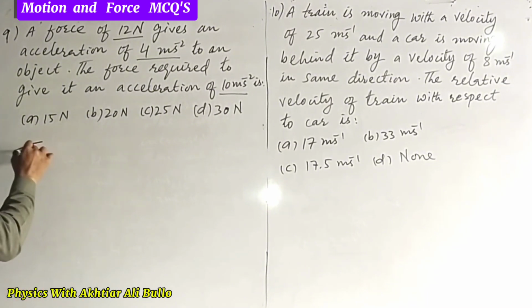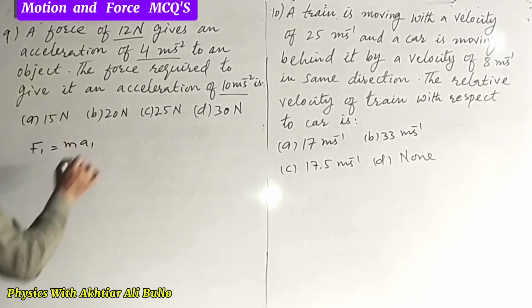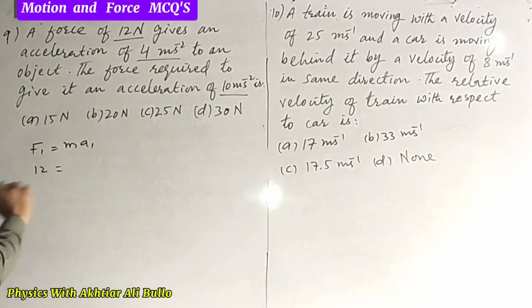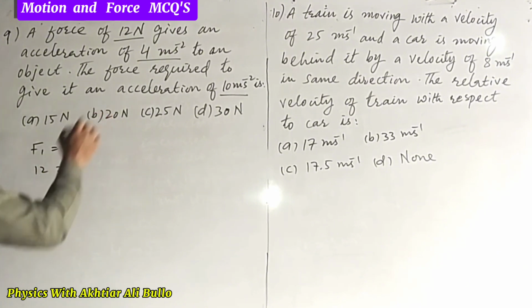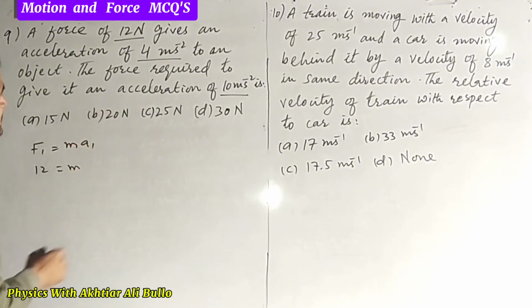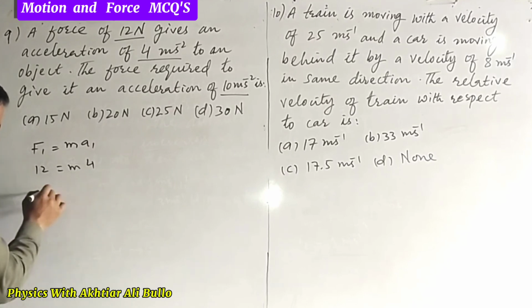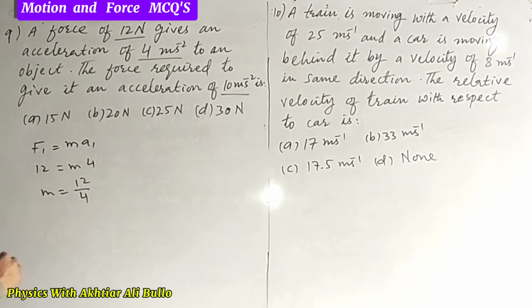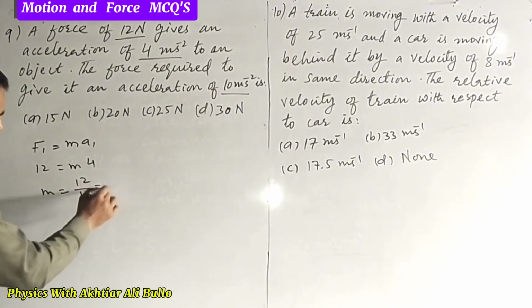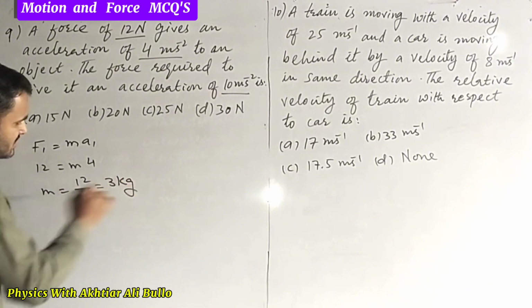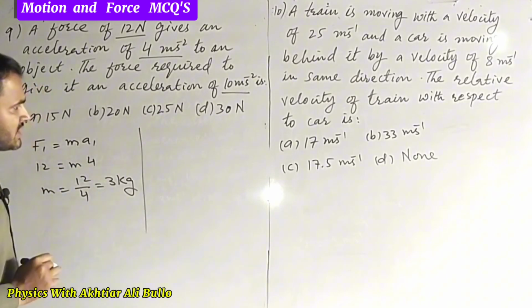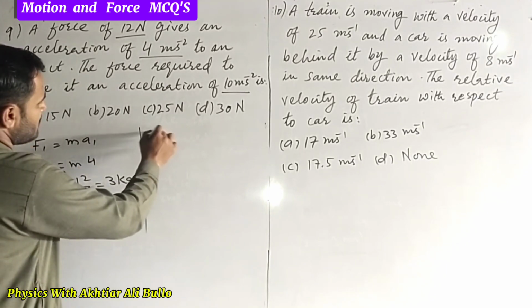F1 is equal to m a1. So F1 is 12 and a1 is 4 meter per second square. So the mass is obtained as 12 upon 4, which is 3 kg. Now we will calculate F2.